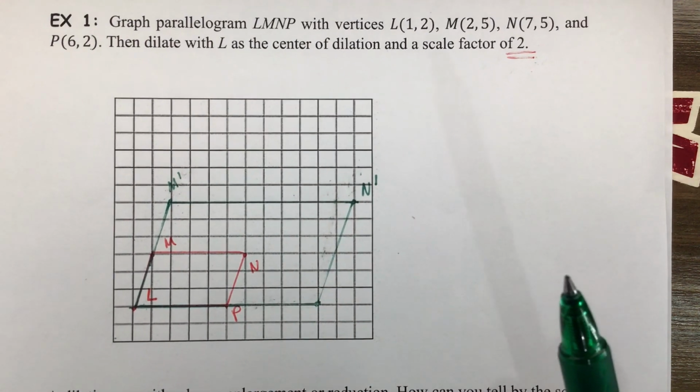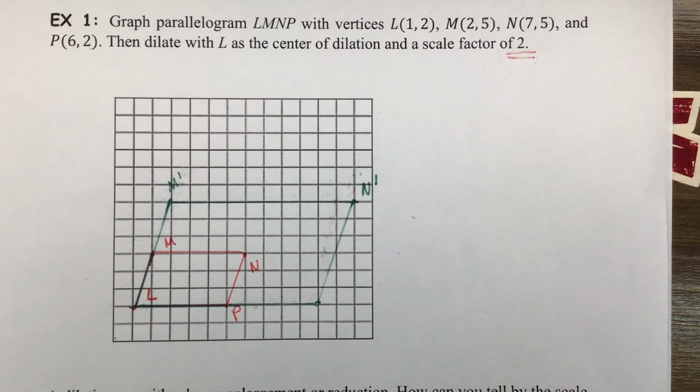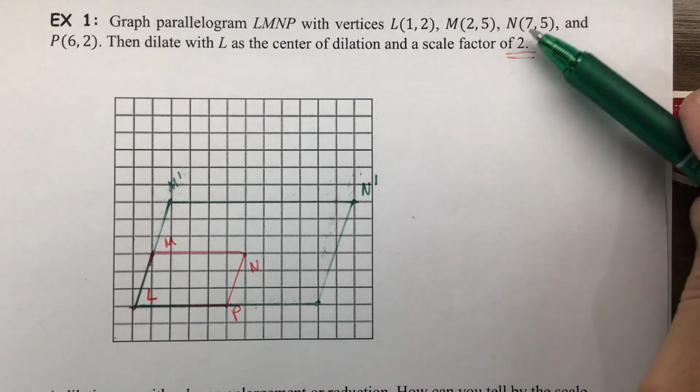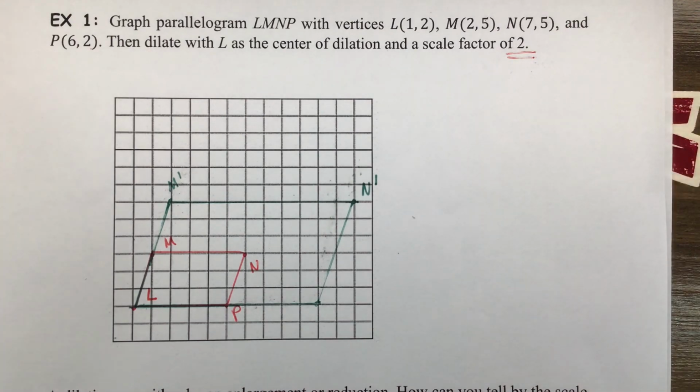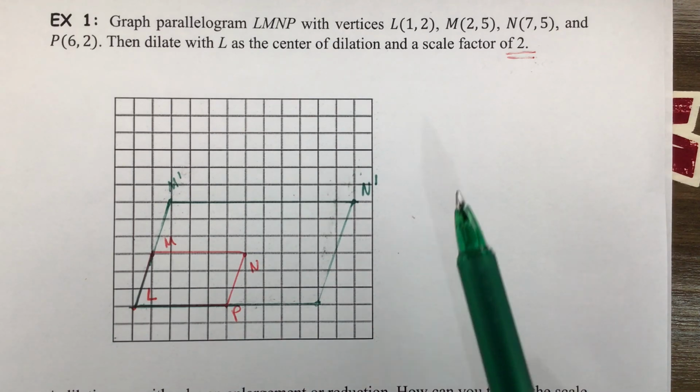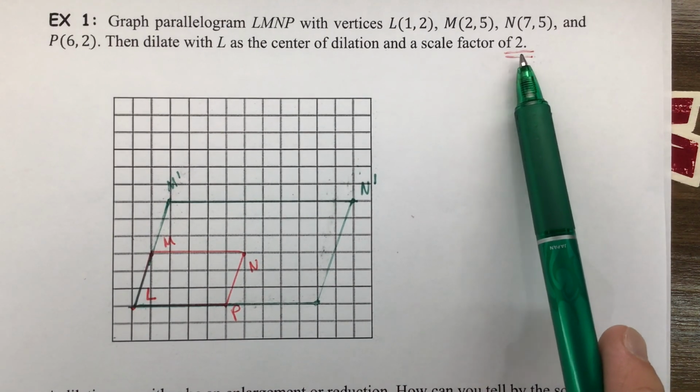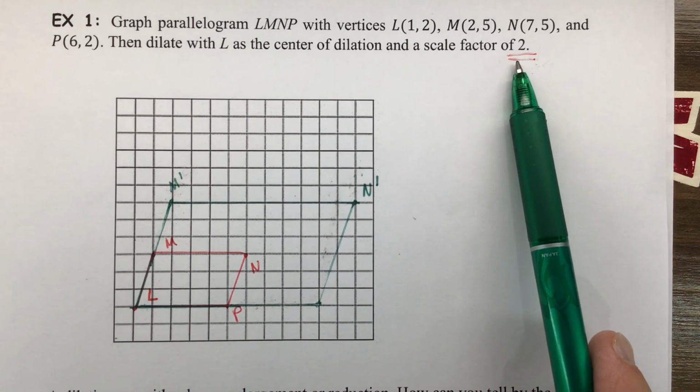So wherever your center is, you're going to compare every single point to that one, how far away it is, what its horizontal and vertical components are, and then you double or triple, or maybe get a scale factor of 2.5. Whatever it is, you're going to magnify that pattern by that amount.